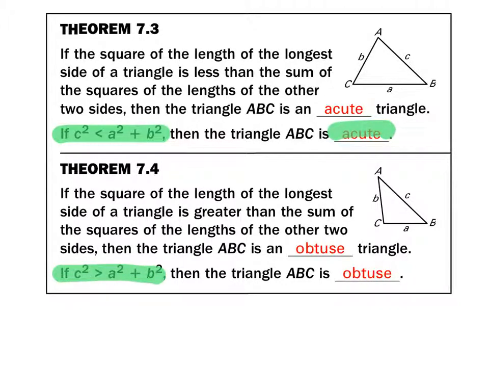Otherwise, if c squared is greater than a squared plus b squared, then we have an obtuse triangle. Obviously, if it's an equal sign in between, the Pythagorean theorem determines that it is a right triangle.